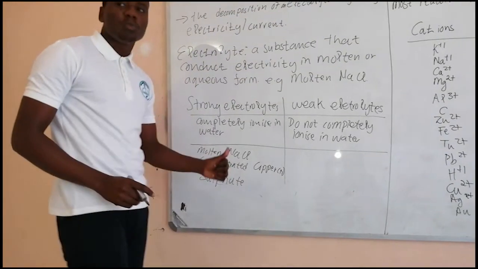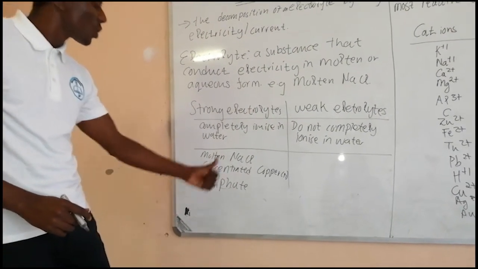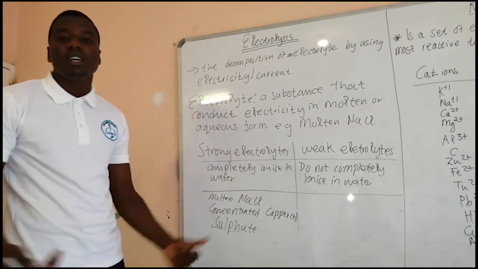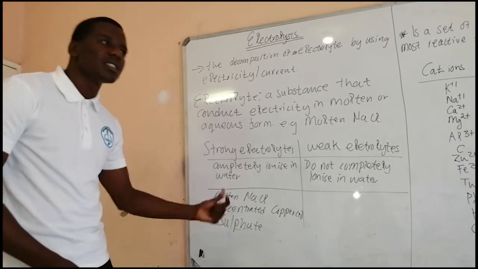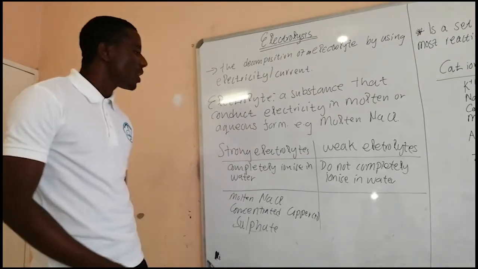For now, we'll pick these two examples, molten sodium chloride and concentrated copper(II) sulfate, or you can even mention aqueous silver chloride. It can also be used as a strong electrolyte.